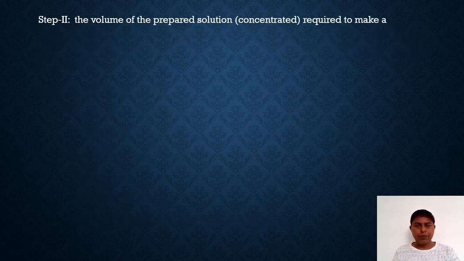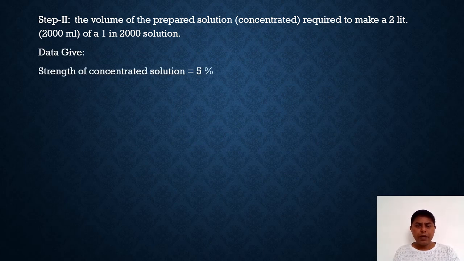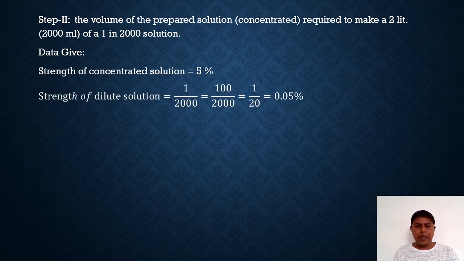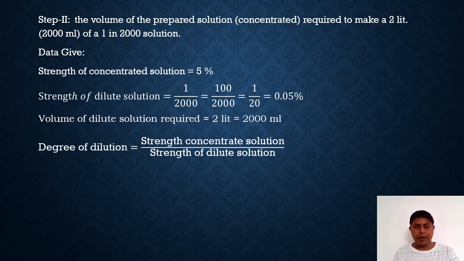Now step 2: the volume of the prepared, that is concentrated, solution required to make 2 liters, that is 2000 ml, of a 1 in 2000 solution. Data given: strength of concentrated solution is 5%, strength of dilute solution is 0.05%, and volume of dilute solution required is 2 liters, that is 2000 ml.